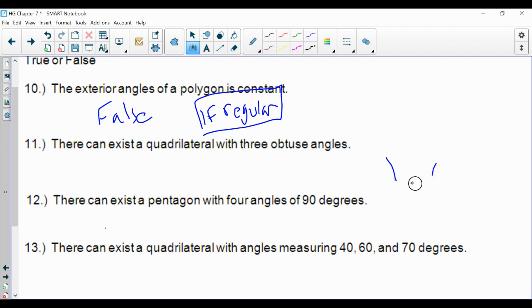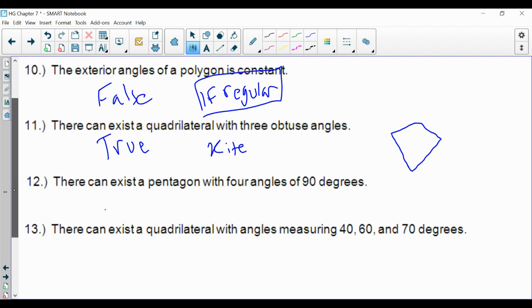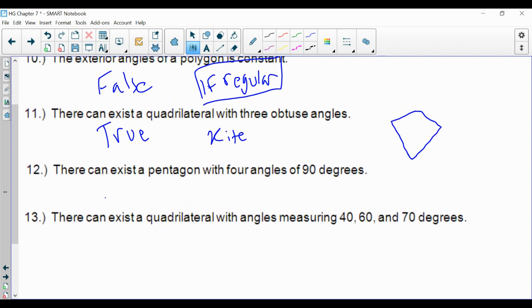Sorry, I can't draw right now. So, obtuse angle, and it does actually work. It does exist, and a kite is one example where that can happen.